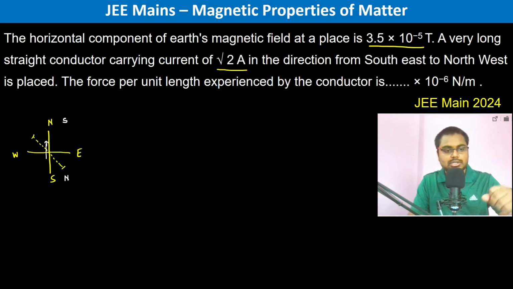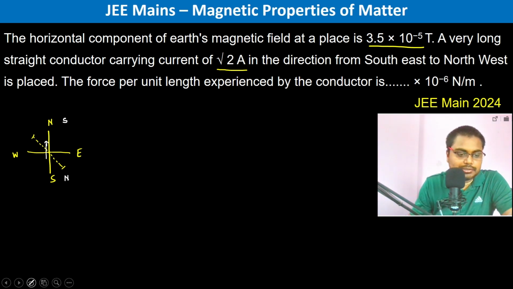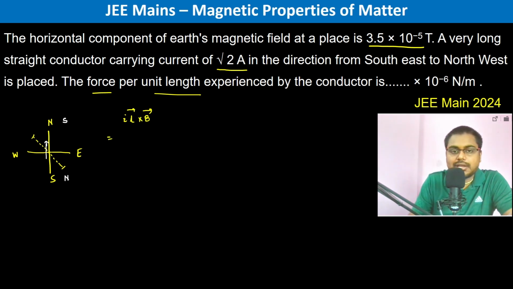Okay, so now we have the force per unit length. So therefore it's going to be I L cross B. What is I? Root 2 ampere, into L, length is 1 meter because it's per unit length.